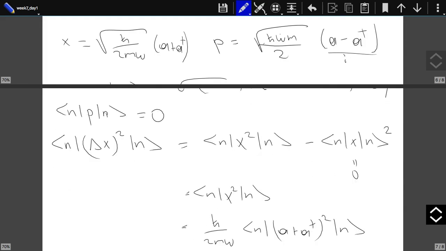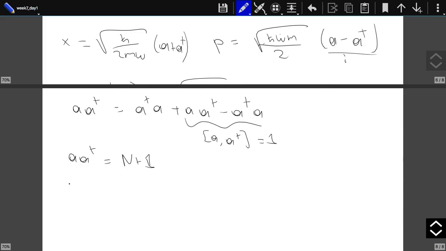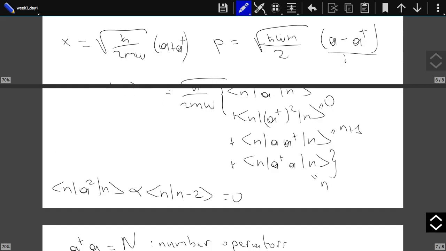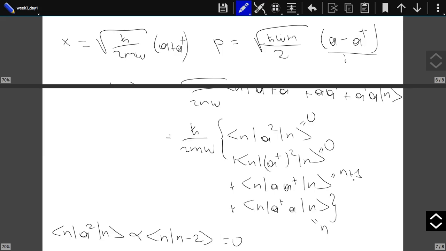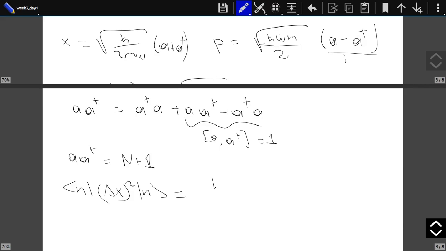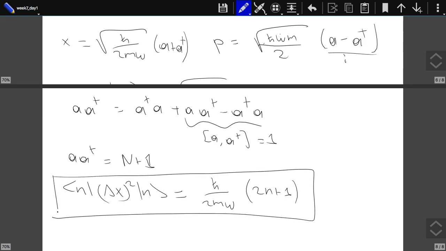So what we have achieved: we were looking at the matrix element of Δx². This is equal to, well, it's n here, n plus 1 over there, so I have 2n+1. ħ/2mω multiplied by (2n+1). This is my Δx², the uncertainty in x.